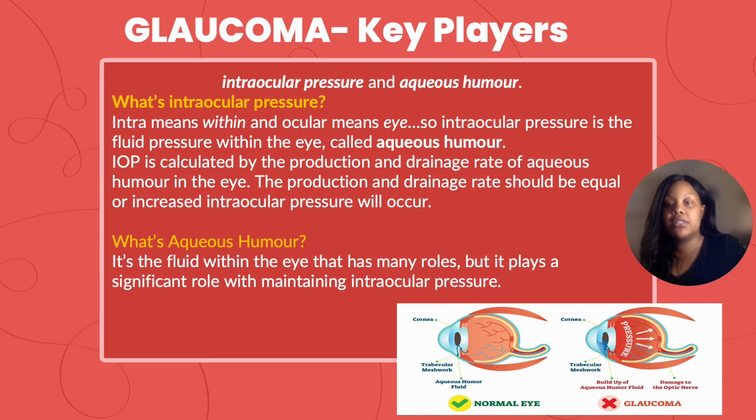So the aqueous humor is the fluid within the eye that has many roles, but it maintains your intraocular pressure. All right, does that make sense? So you need to know your intraocular pressure and your aqueous humor. Those are the two biggest things in glaucoma.